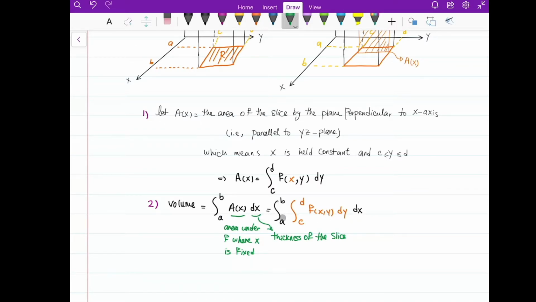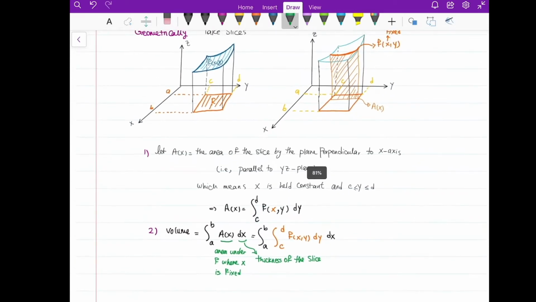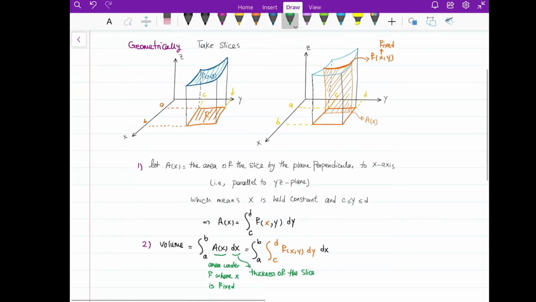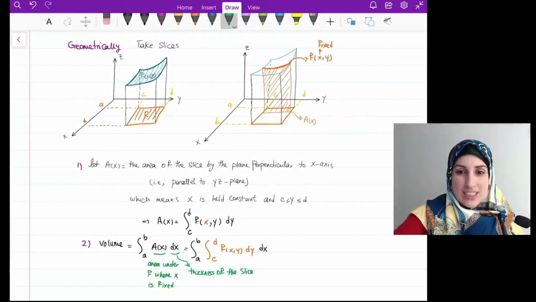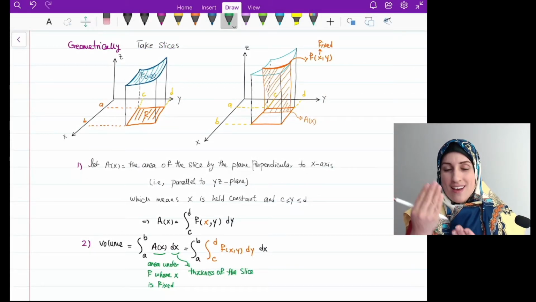So we take the integral from a to b, and then we start from the inner integral. We take the integral from c to d of the function f dy, and after we calculate that we get dx. That was the geometric meaning of the iterated integral: as you see, we take slices.